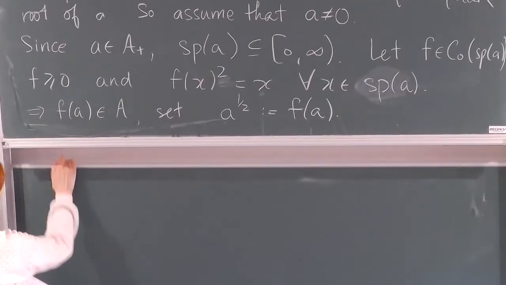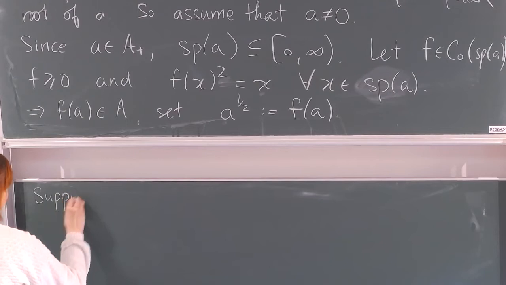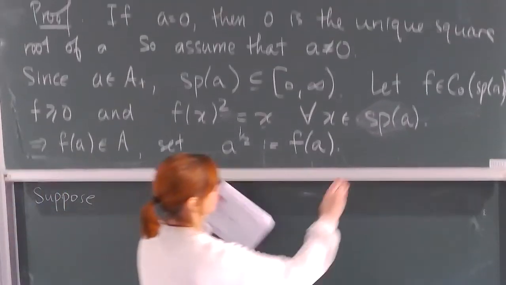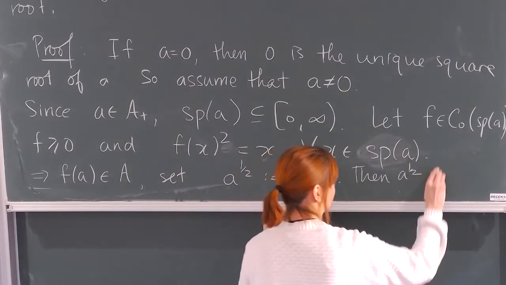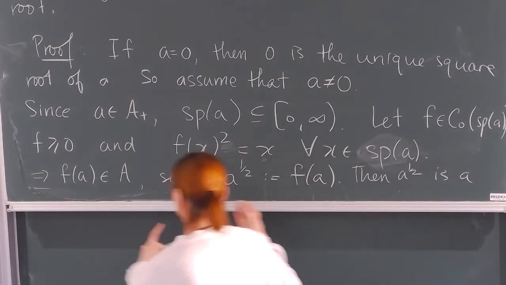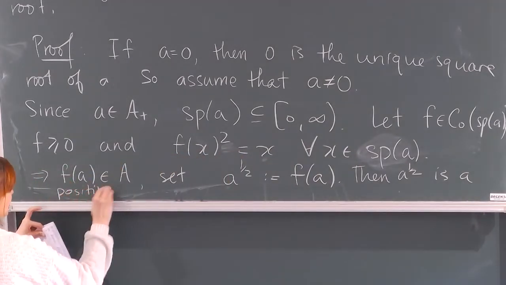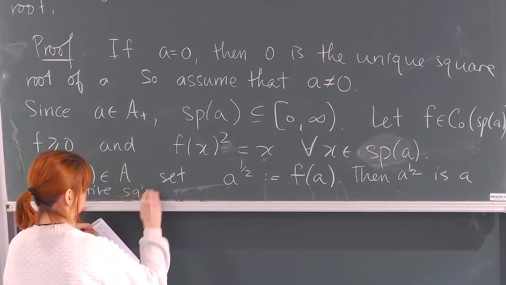And now suppose that we had a different square root. We also know that this is positive by this spectral mapping theorem we just had. So it's a positive square root.